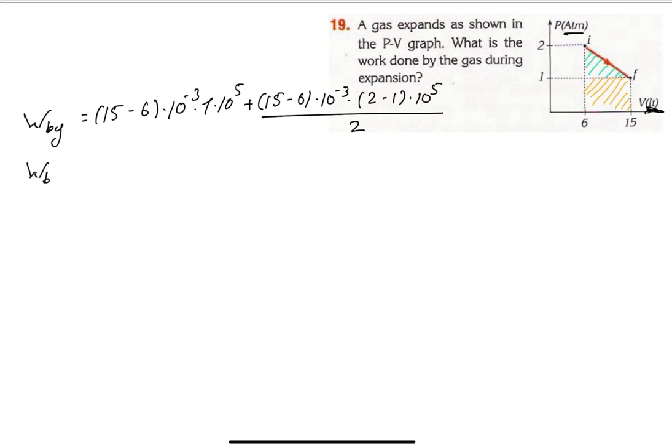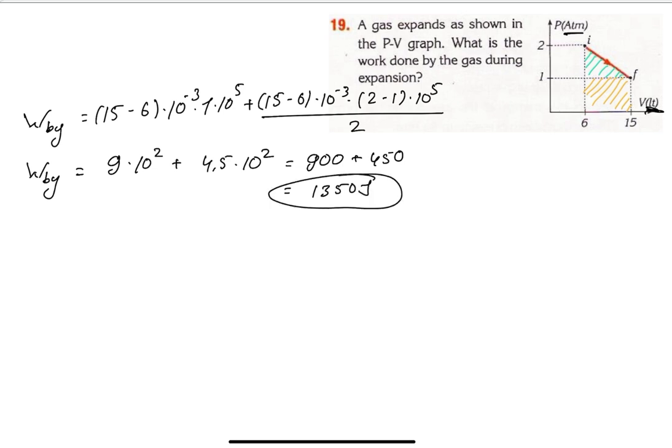So work done by a system will be equal to 9 times 10 to the power of 2 plus 4.5 times 10 to the power of 2. So it is equal to 900 plus 450, which is equal to 1350 joules of work done.